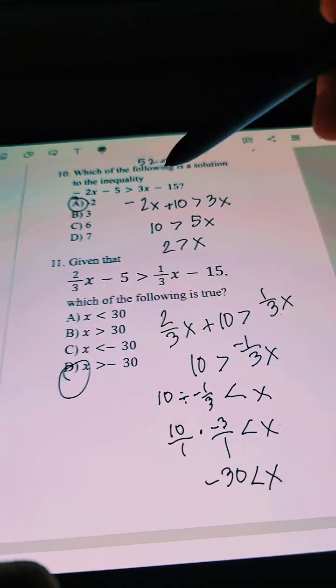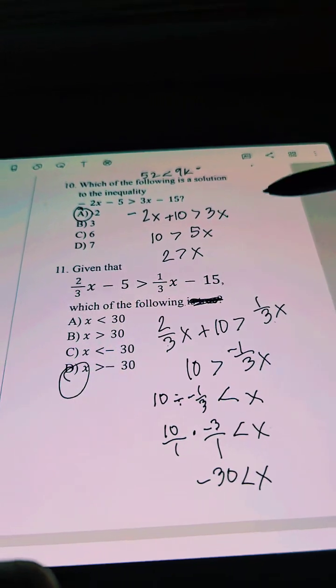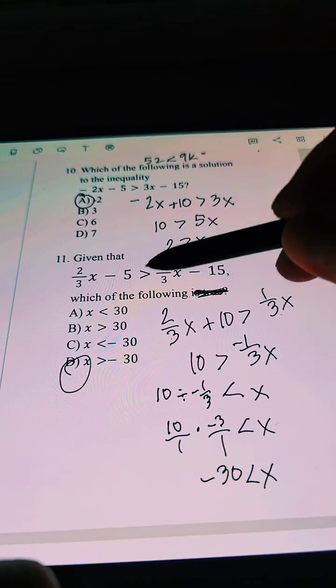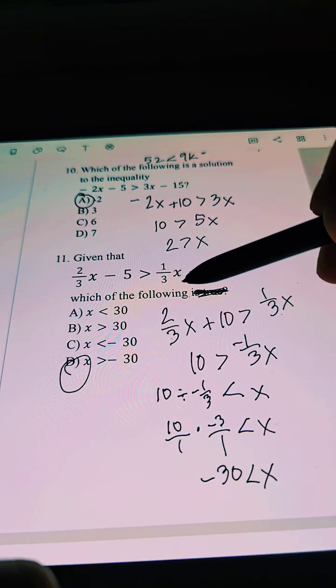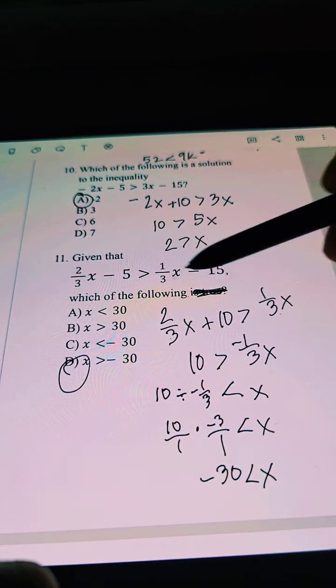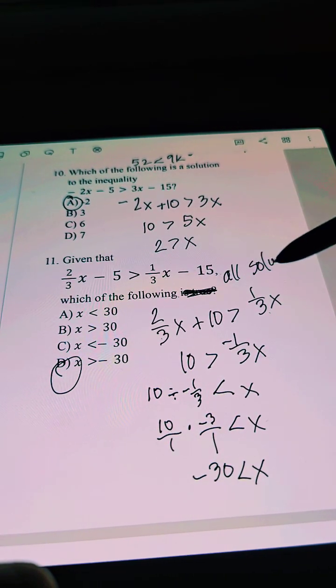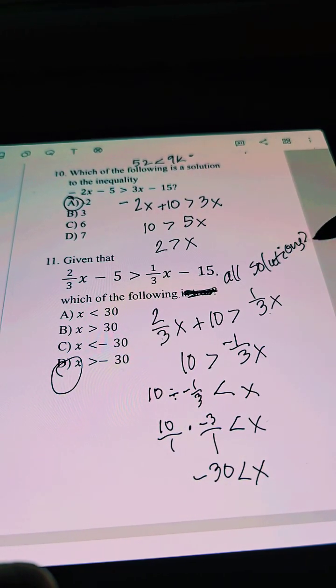You see, I misworded this question. I should have said, which of the following encompasses all the solutions to this. I just worded it wrong. So thank you for catching that. I need to fix that.